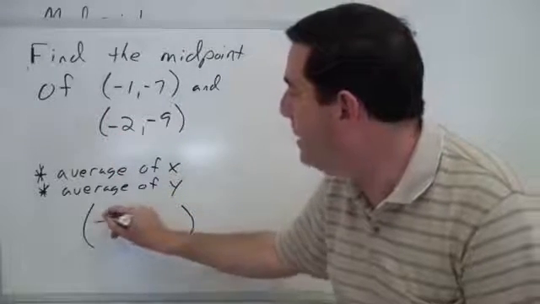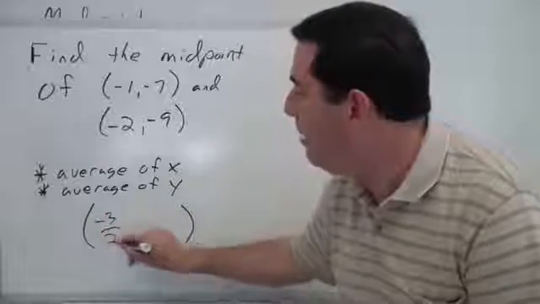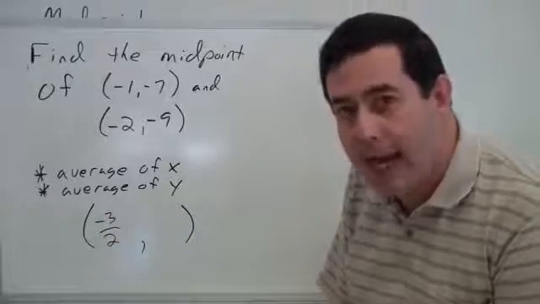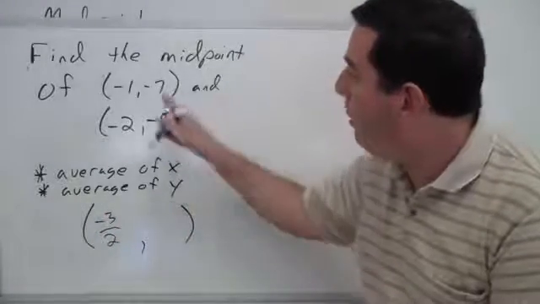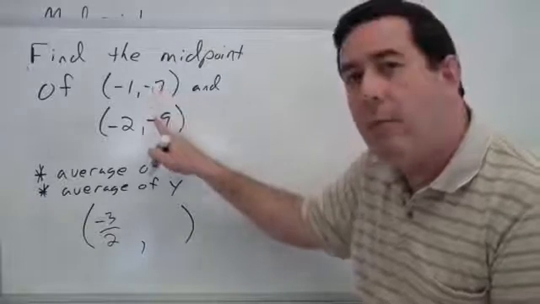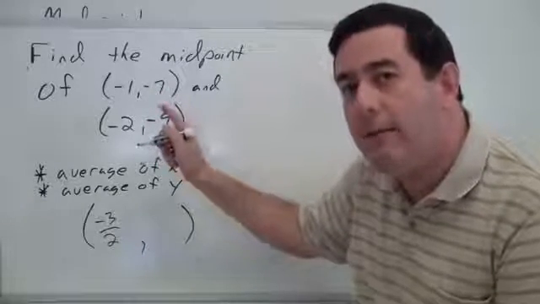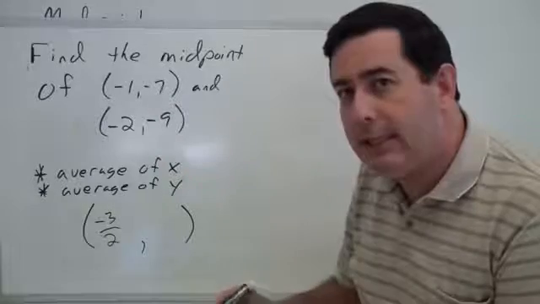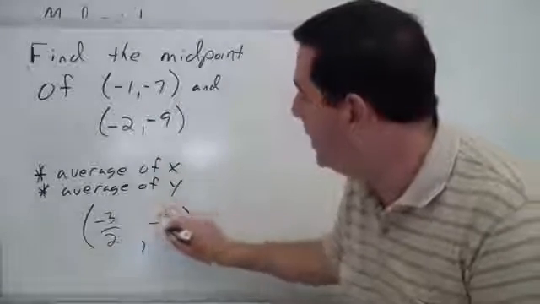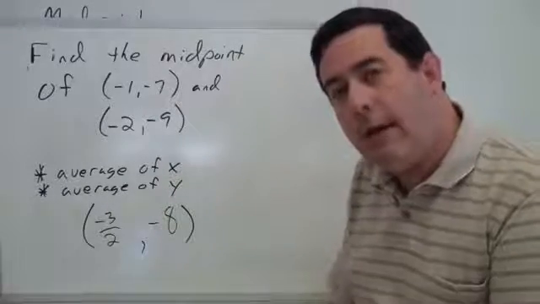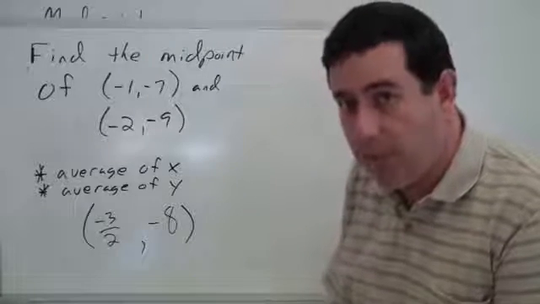Divide that by 2. It doesn't divide nicely, so I'm going to call it -3 halves. Over here for the y's, -7 plus -9 made -16. -16 divided by 2 is -8. So -3 halves, -8 would be our midpoint.